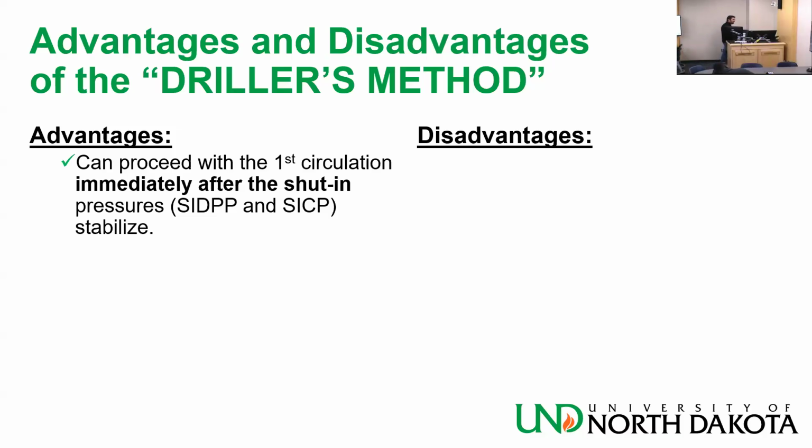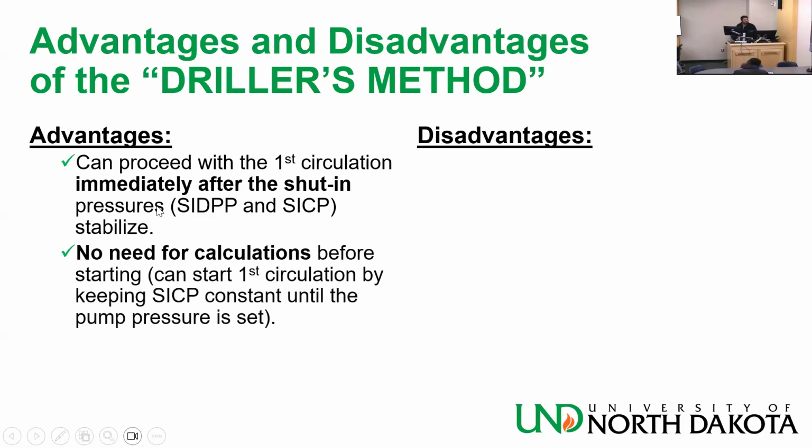But hypothetically, theoretically, with driller's method, you can start immediately. You don't need to wait for anything. You start the circulation immediately. No need for calculations before starting. You can start first circulation by keeping SICP constant until the pump pressure is set.